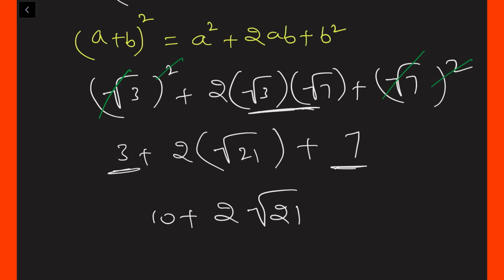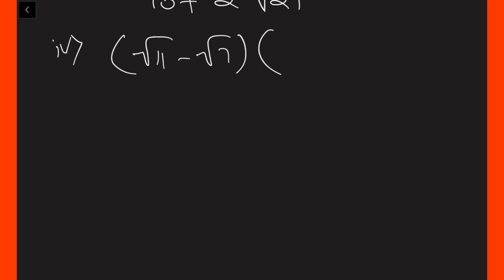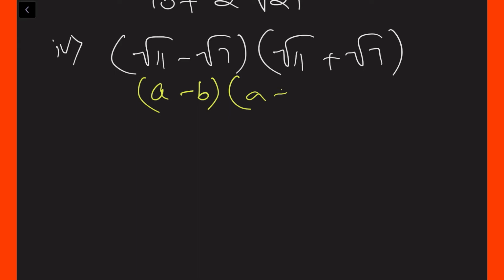Next, fourth question in this first bit. We have the question (√11 − √7)(√11 + √7). This is in the form (a − b)(a + b), which is nothing but a² − b².